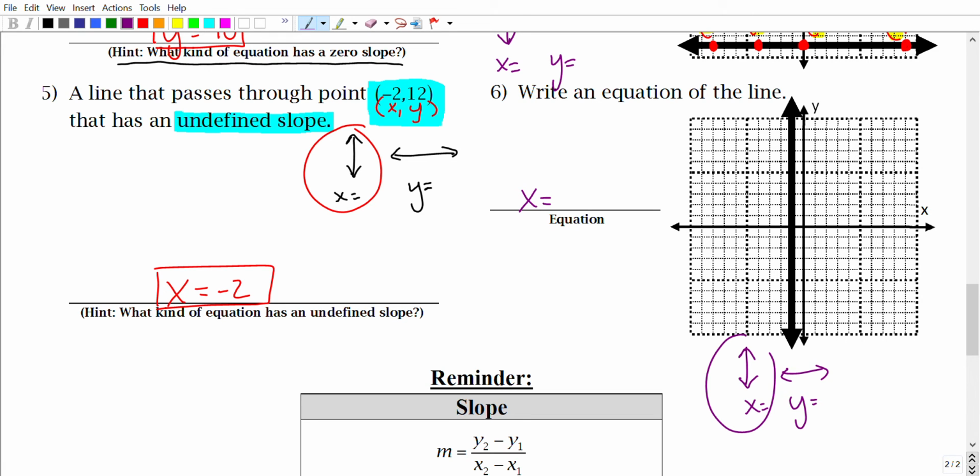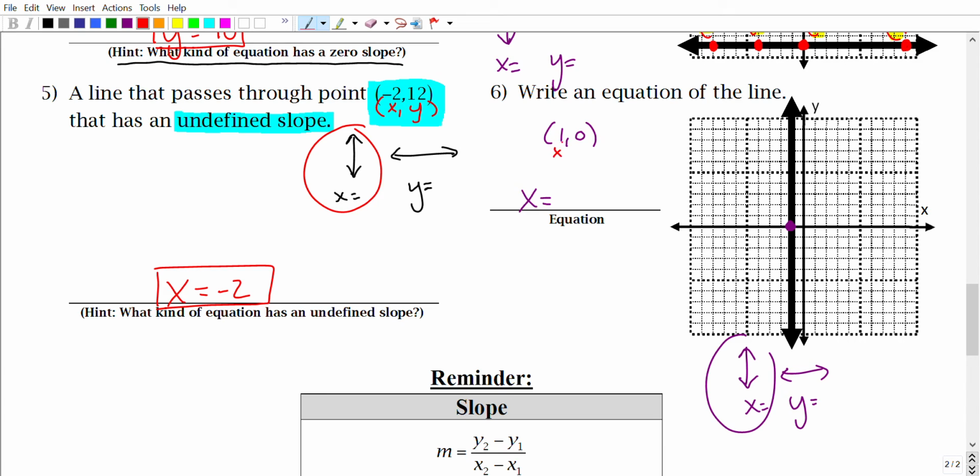Well, let's find a point on this line. I always like to pick the one that's right on the axis, the one that's intersecting with the axis and that particular line. In this case, it is, well, what is it? It's 0. Oops. Let me go ahead and erase that. It's 1, comma, 0.